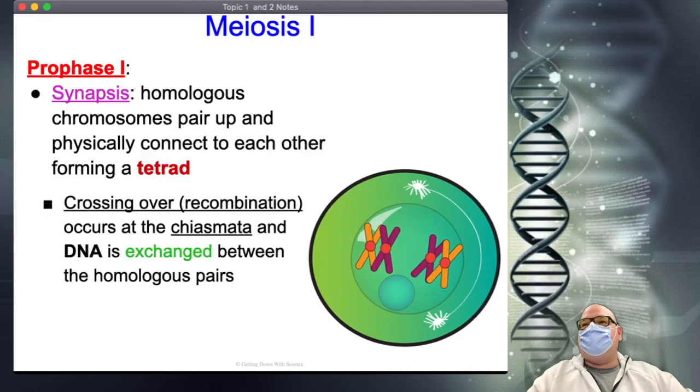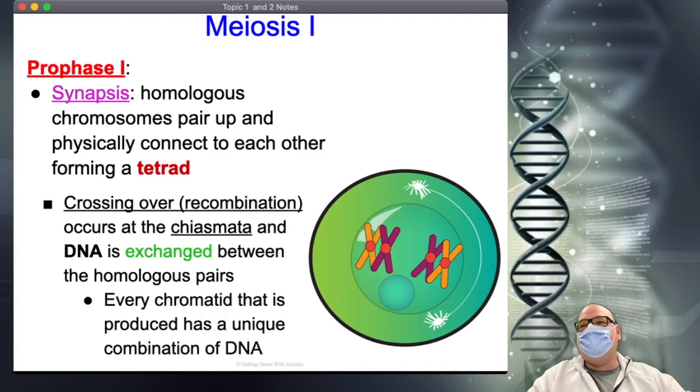So this chiasmata is this X-shaped area, okay? And DNA is exchanged between the homologous pairs at well-defined points. There are sort of cut points where crossing over happens. If it was completely random, we would not end up with sort of new homologous pairs.